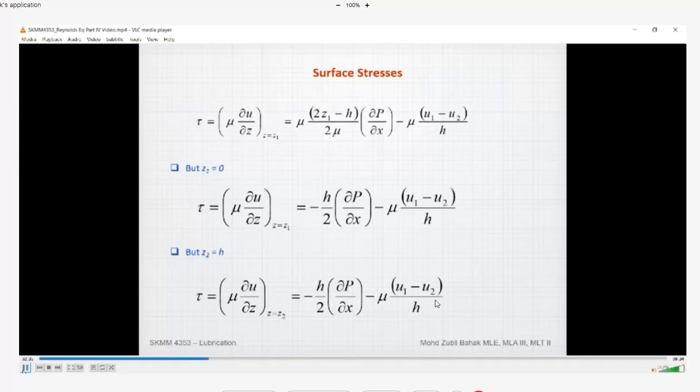But z1 is equal to 0, so we rearrange the equation, and finally we have tau equal to minus h divided by 2 partial p partial x, minus mu times u1 minus u2 divided by h. For z2 equal to h, you will have another equation.